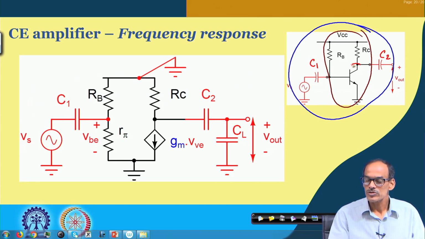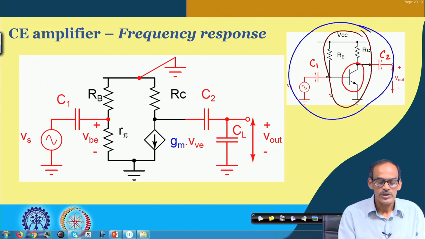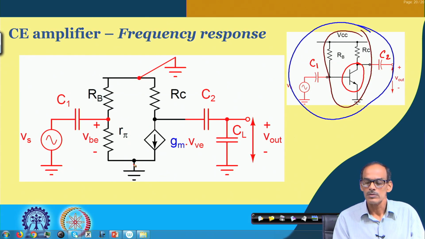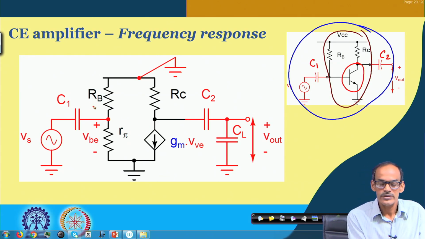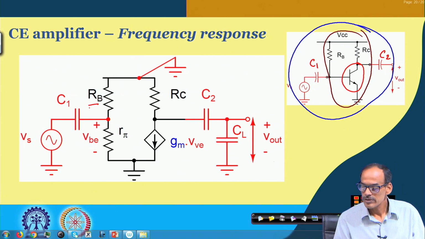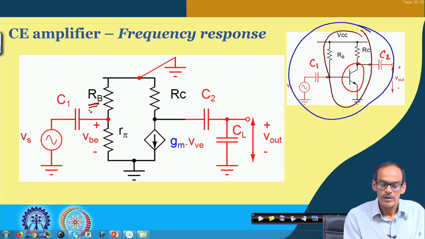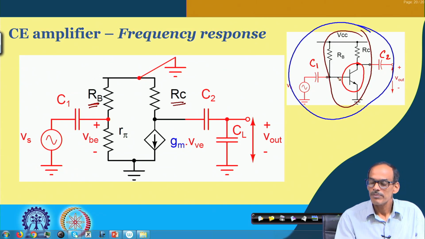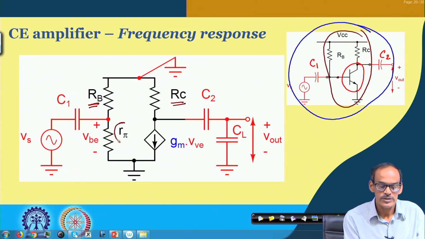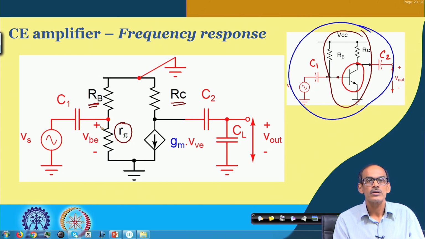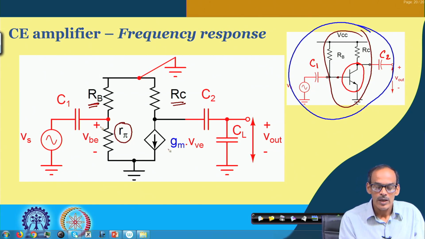In the middle portion, of course, we have the transistor, and it can be converted into a small signal model, which consists of RB, then RC here, and the base to emitter junction R pi. This is the part of the small signal model of the BJT, and then we have the small signal IC equal to GM into VBE.